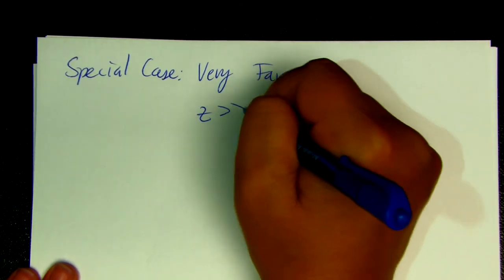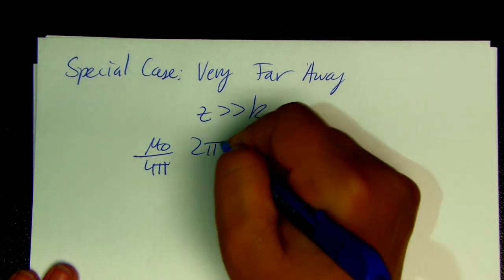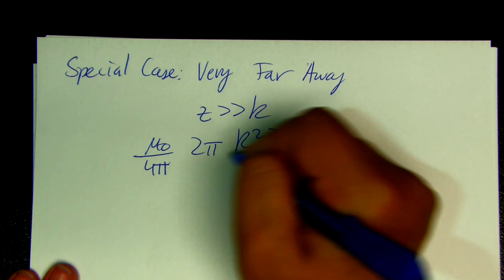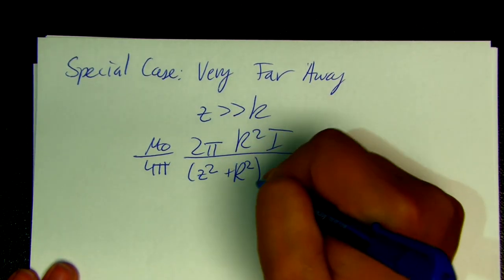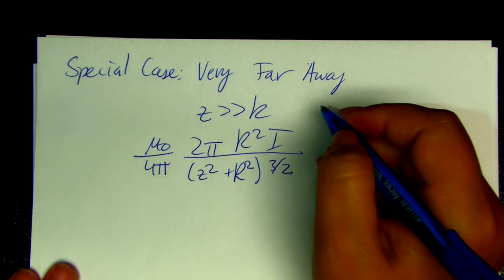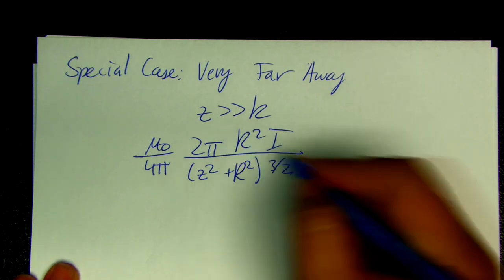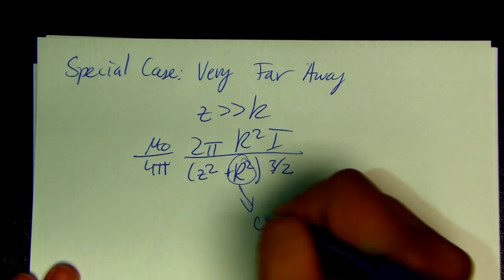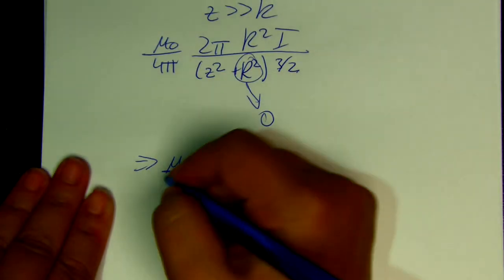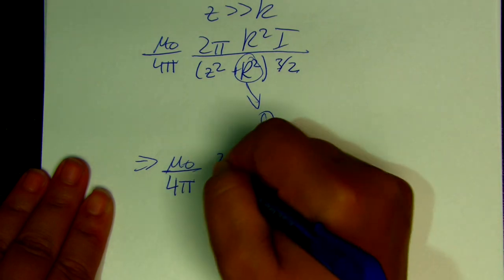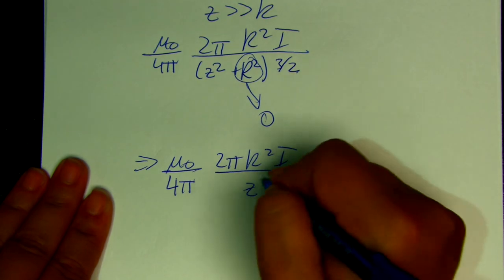So z is much, much bigger than R. So mu naught over 4 pi, 2 pi R squared I over z squared plus R squared to the 3/2. And because we're very far away, z is much, much bigger, so R squared goes to 0. And so we get mu naught over 4 pi, 2 pi R squared I over z cubed.